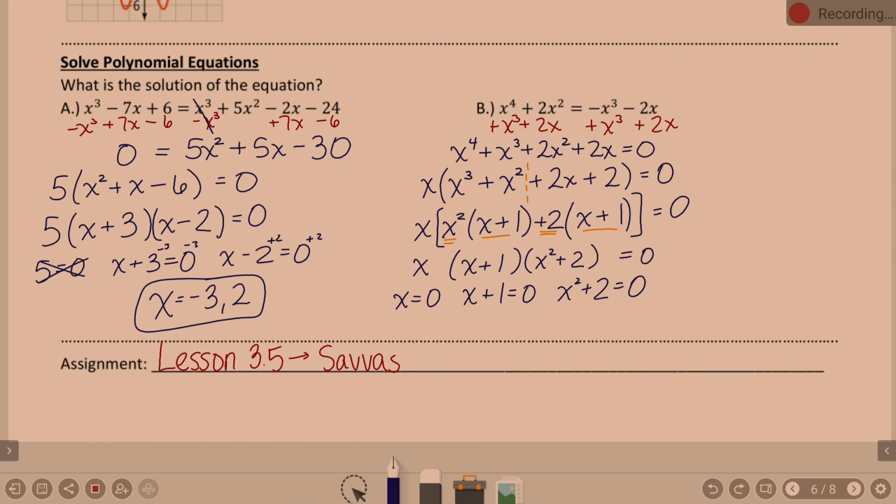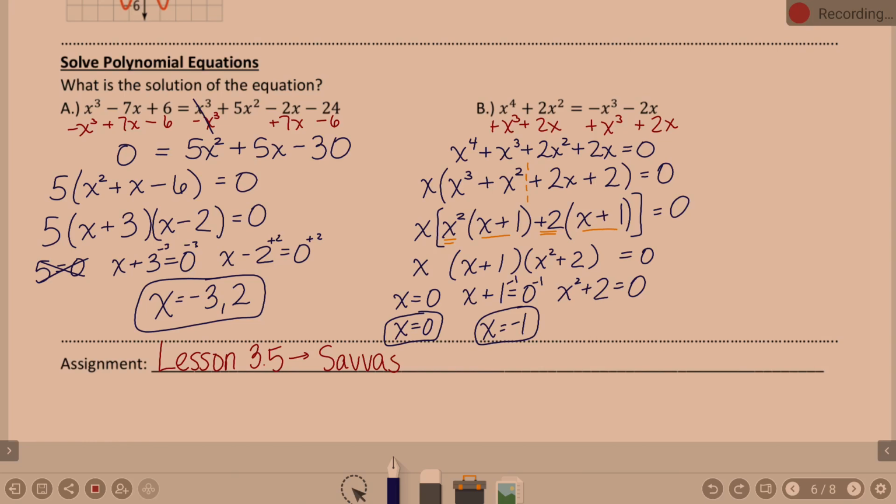Okay. What do we know? X equals 0. When it's x plus 1 equals 0, what do we know? Subtract 1 over and x equals negative 1. If it's x squared plus 2, what do I do? In a moment.